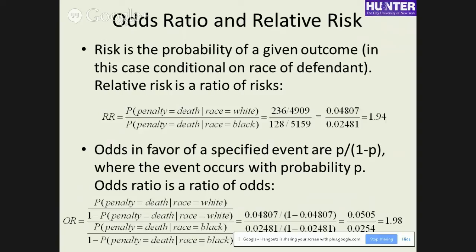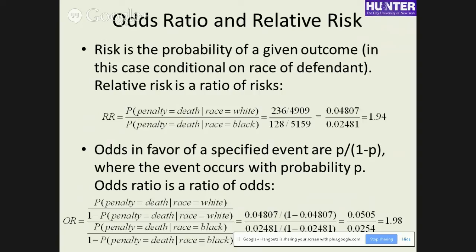I want to introduce relative risk and odds ratios to you, something that you no doubt will learn about and use at length in your epidemiology classes. So risk ratio is perhaps the more intuitive measure. First, a risk.